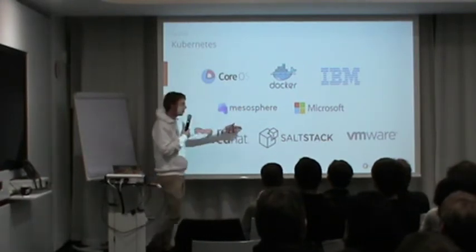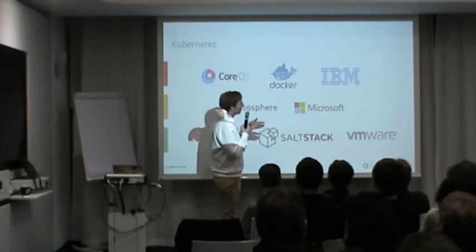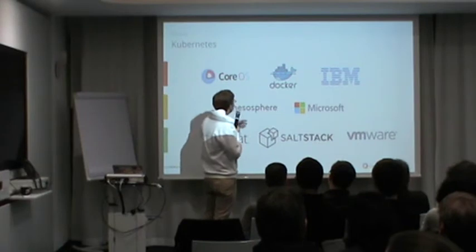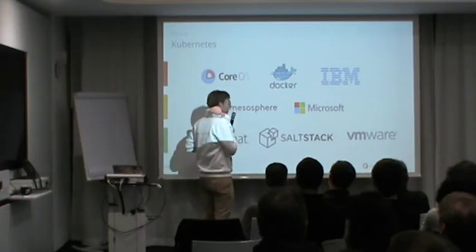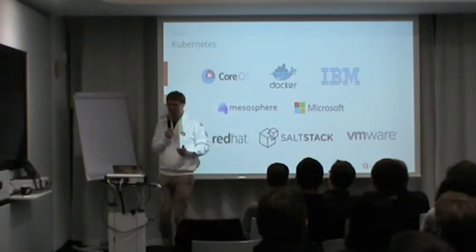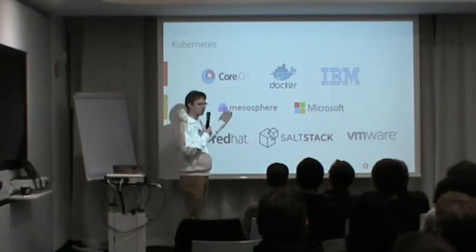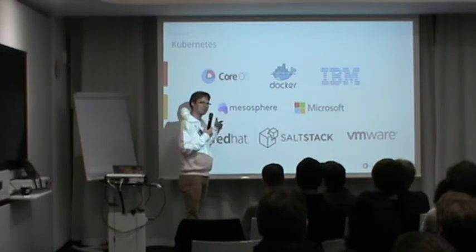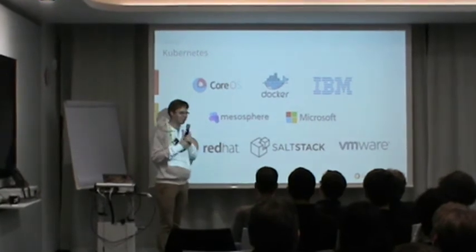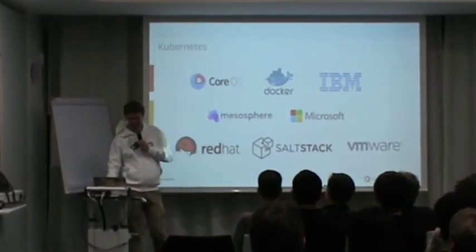Then we have VMware as a partner, so you can schedule Kubernetes and run it on VMware. Well, Docker is obviously a partner. CoreOS as a container optimized Linux is a partner, and Mesosphere makes sure that Mesos and Kubernetes can run in parallel and play nice with each other, so they don't bite.